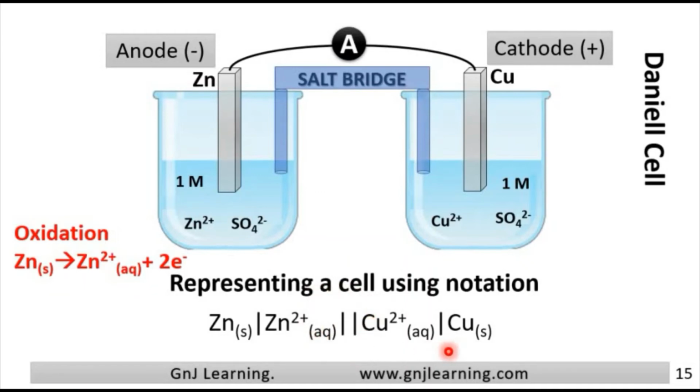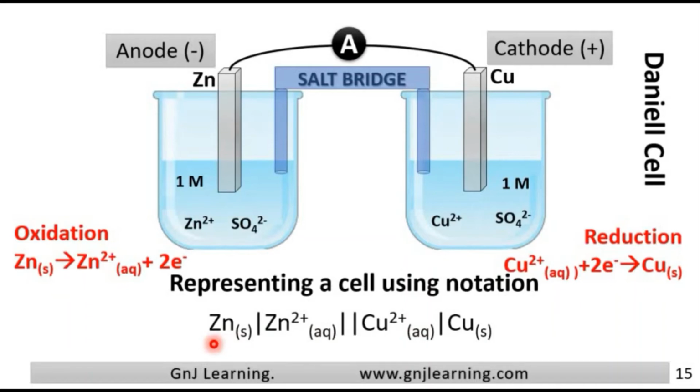Now coming to the cathodic part, again we have to think about the reaction there. It is a reduction reaction where Cu2+ is accepting electrons, so you write Cu2+ first, the reactant first, aqueous, then a vertical line, then the reduced part Cu with its physical state.